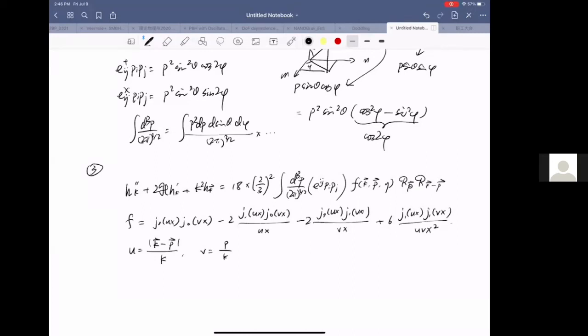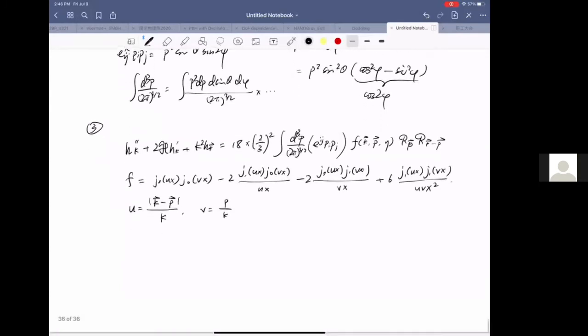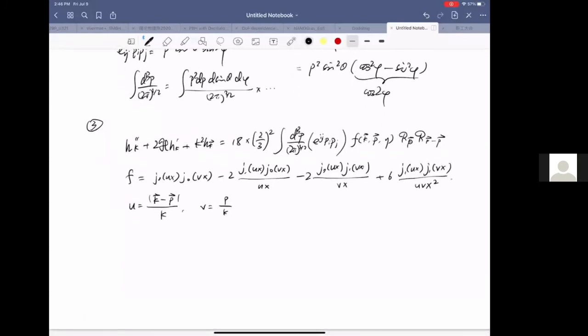Okay. The next task is to just solve this equation. Now, this can be done by the so-called Green function method, given the source term. It's like this. This is the source term.